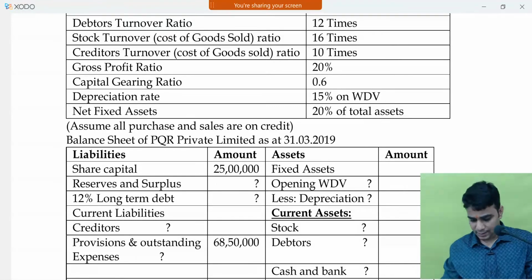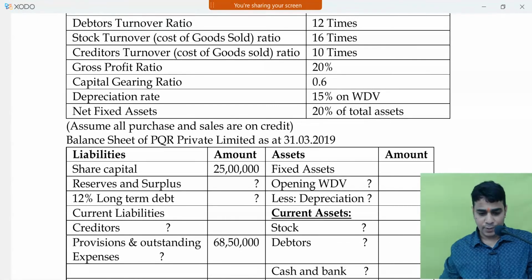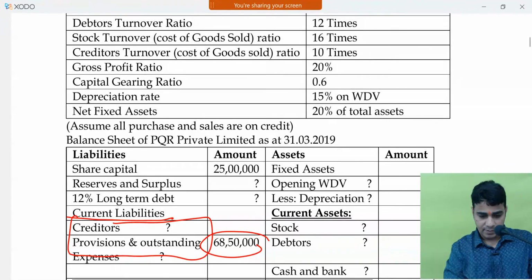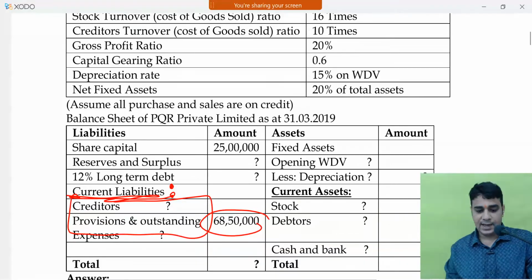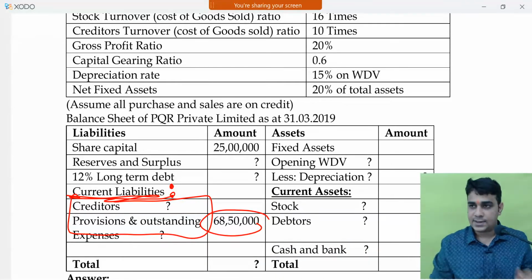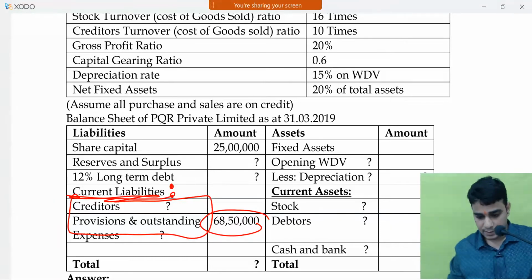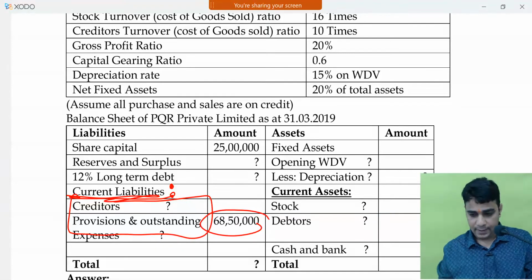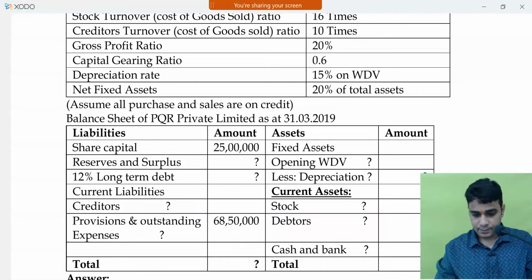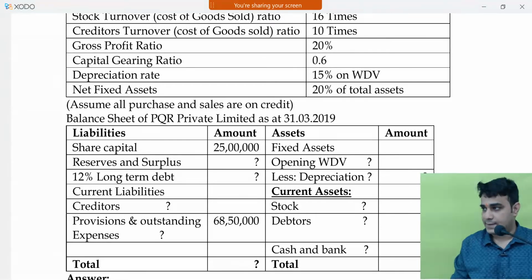Okay, one thing I think I've not properly aligned the question. The 68,50,000 is the total of creditors, provisions and outstanding expenses. Maybe that part is not coming out properly. At least when I read, I didn't understand that. That is not coming out properly in the question.